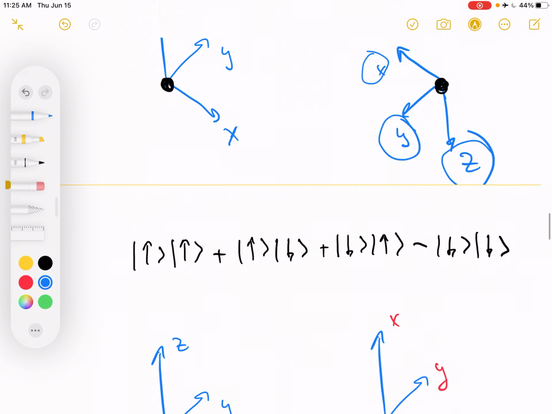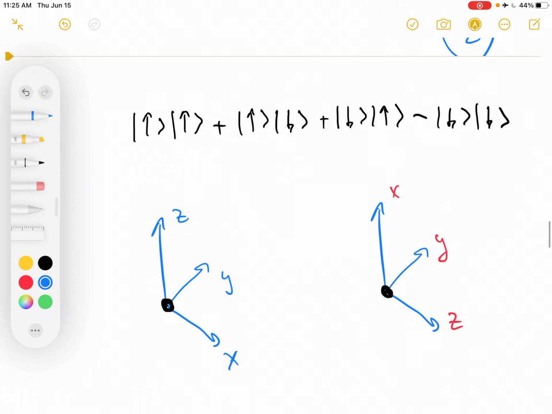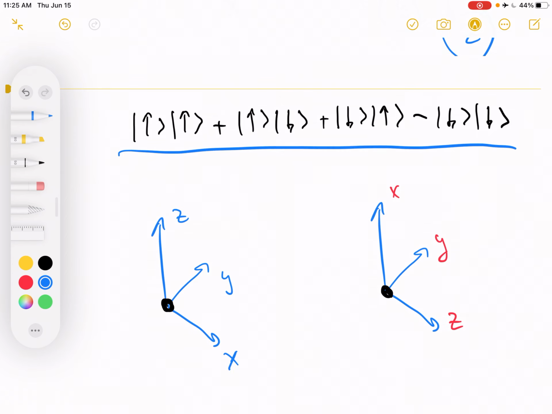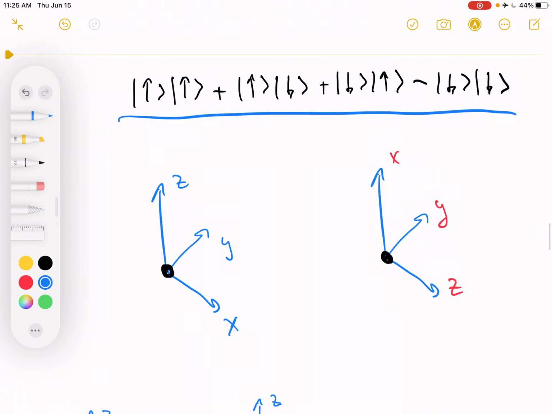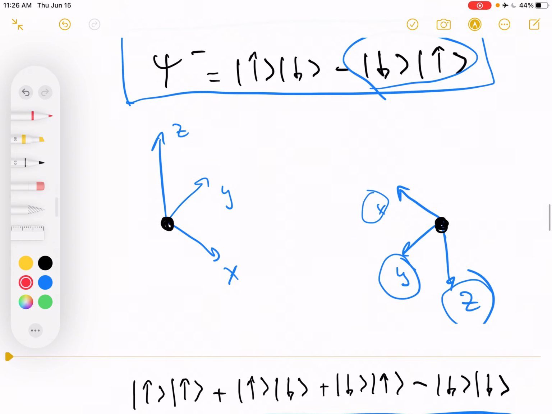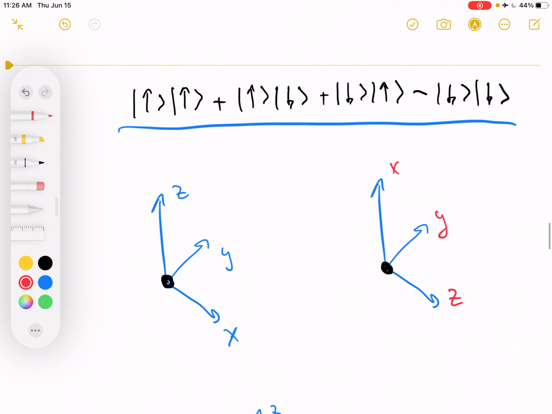And more exotic but still maximally entangled states like this can also be represented by local rotations of a single Bloch sphere that corresponds to some entangled state. We just know the rotations to move from one entangled state, for example psi minus, to more exotic states, and then we can get them.